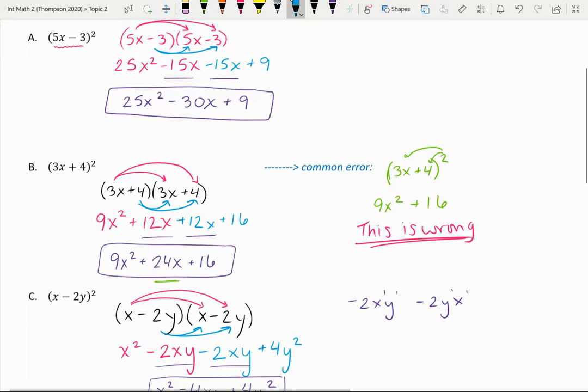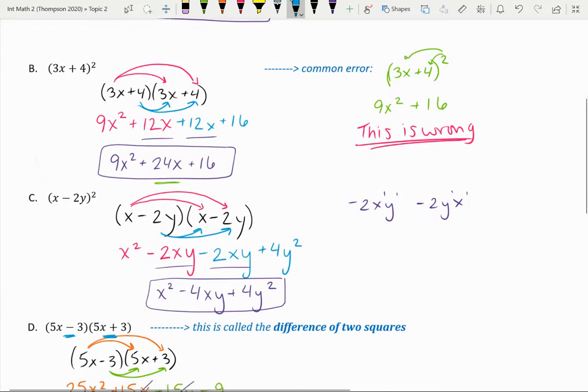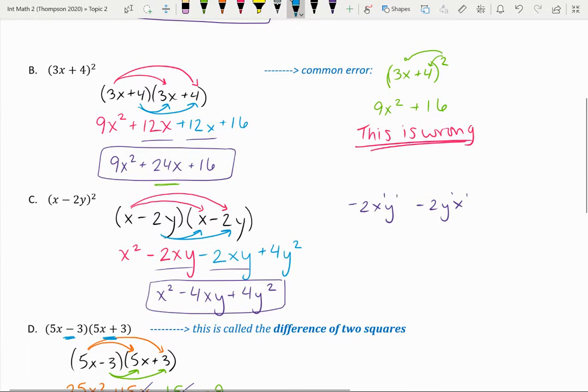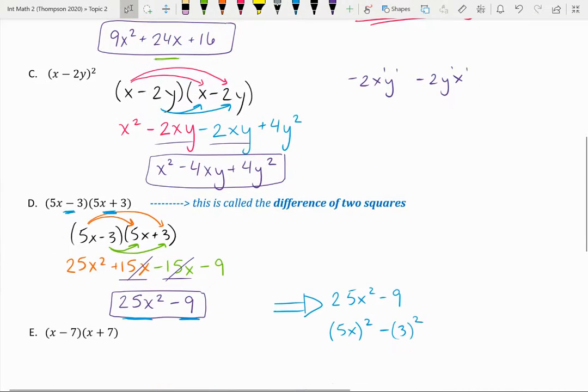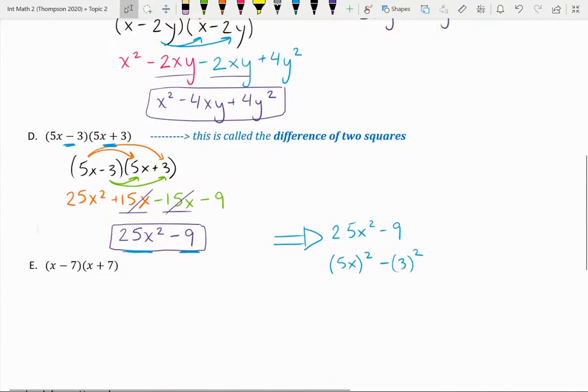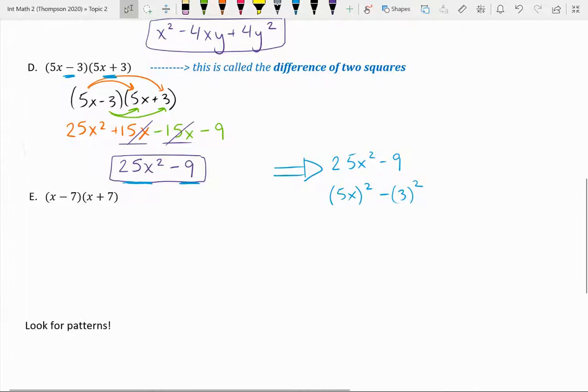Because I have the same sign, when I have like terms in here, I just have minus 15x minus 15x. They're the same term. On B, because I had the same signs in 3x plus 4, 3x plus 4, I ended up with 12x and 12x, which gives me 24x. Okay, same thing for C. Now here, D, my signs are different.